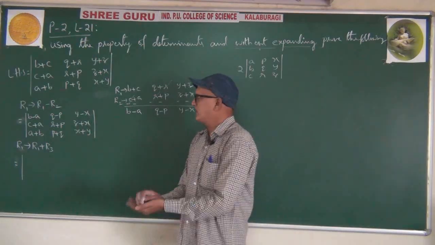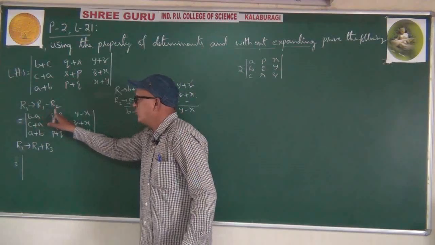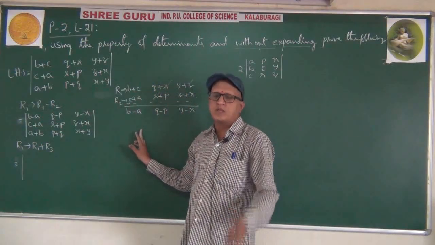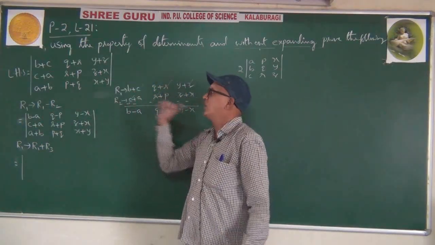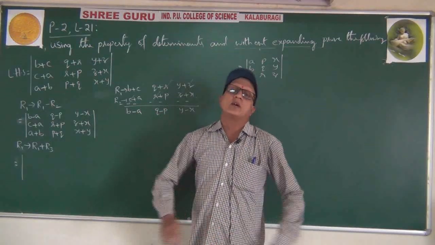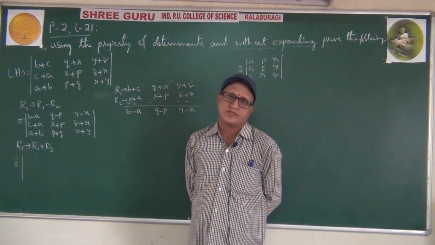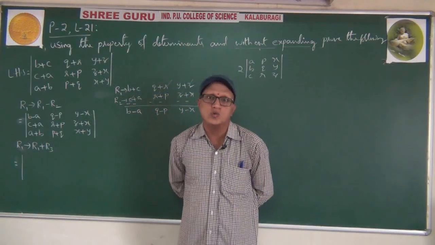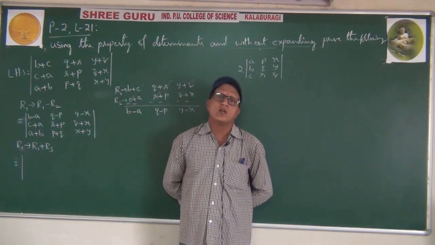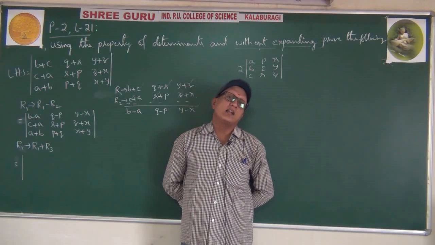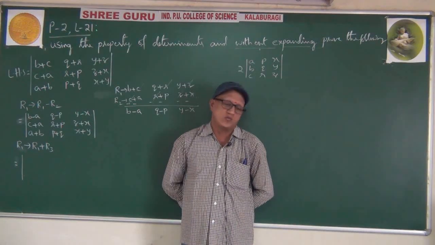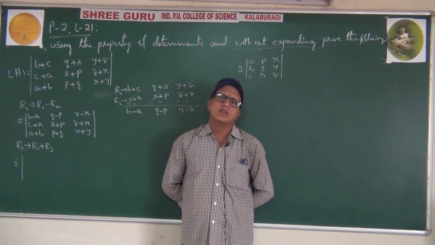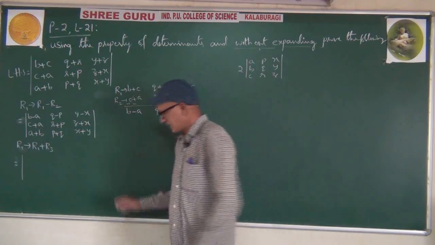Now every student is understanding how to do R1 minus R, but many students have doubt why particularly R1 minus R. Every student understands how to do R1 plus R3, but many have doubt why particularly R1 plus R3, and why not another. Let us see what will happen.